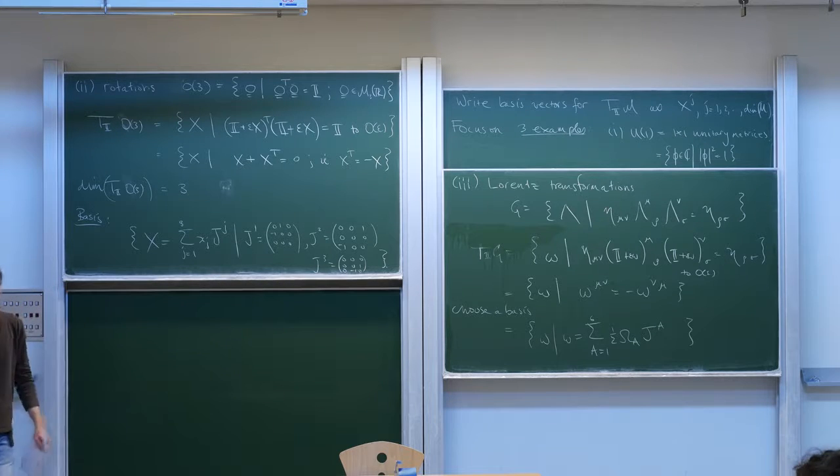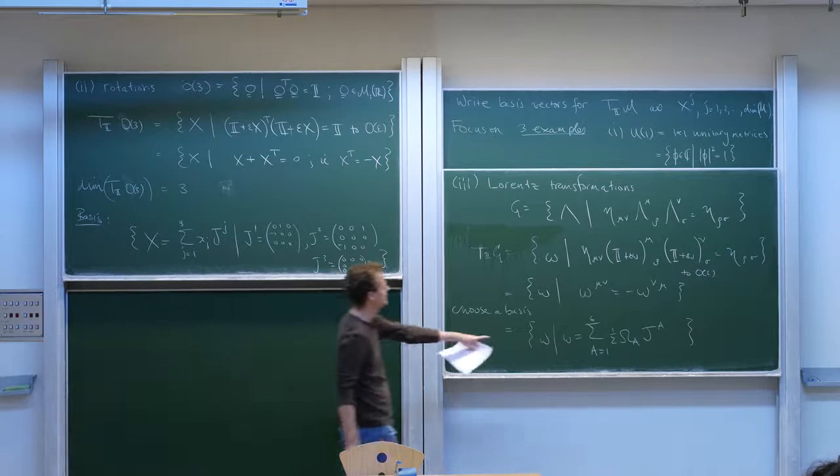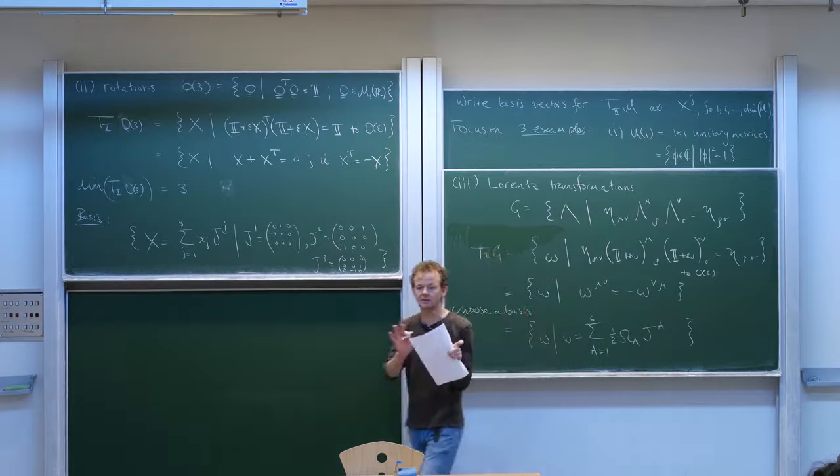Now, for reasons that aren't going to be really obvious at the moment, I'm going to change this index A, which gets summed from 1 to 6, to a double index.